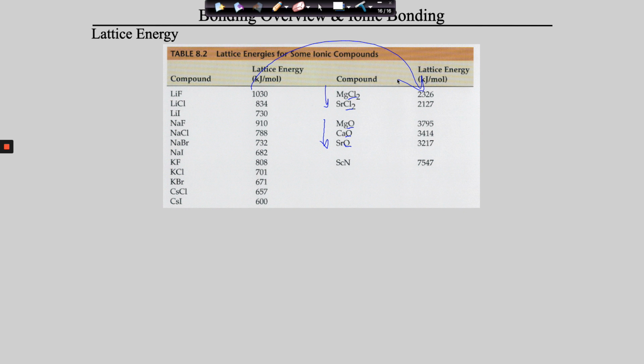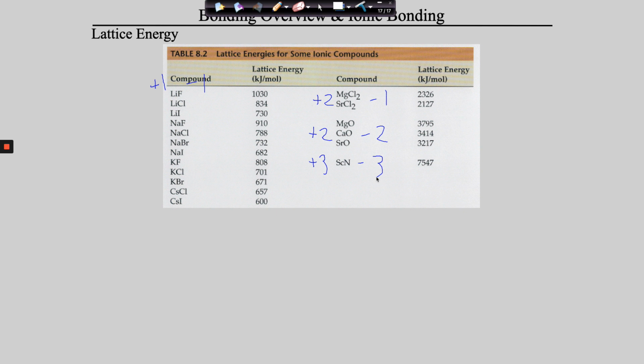Guys, how would these examples be different? Charge. So, guys, the idea is this. All of these are +1, all of these are -1. Over here, we have +2 and -1. Here we have +2 and -2. Here we have +3 and -3. So guys, charge is also a predictor of lattice strength.